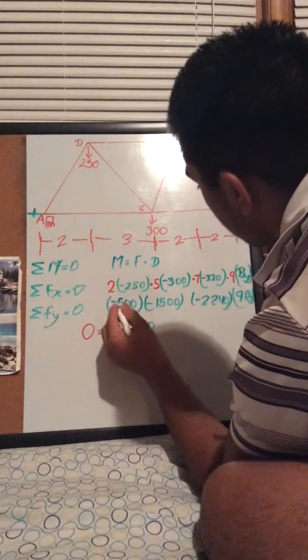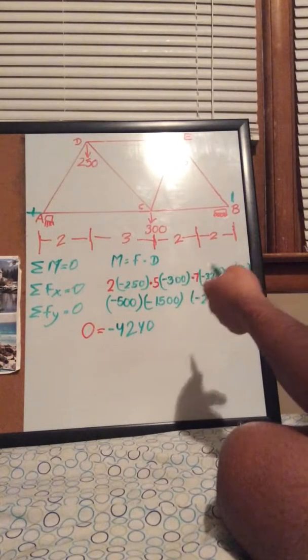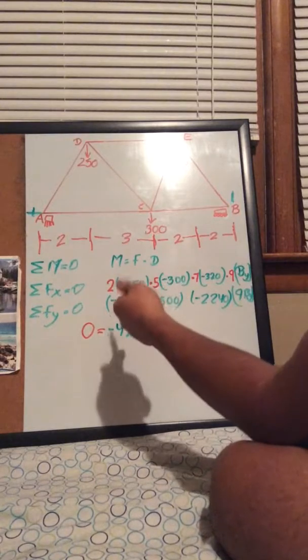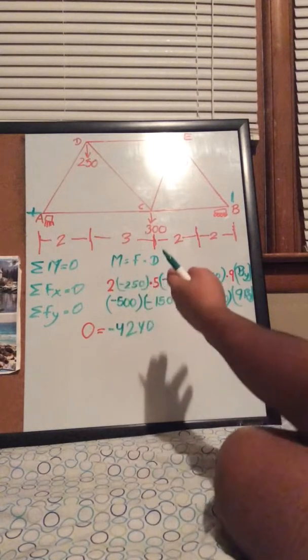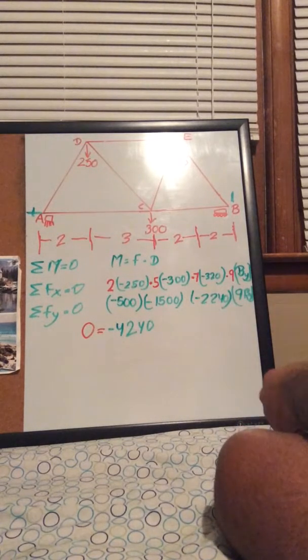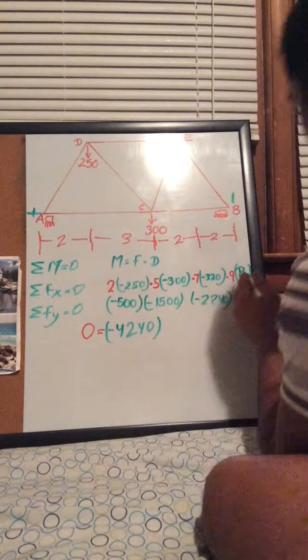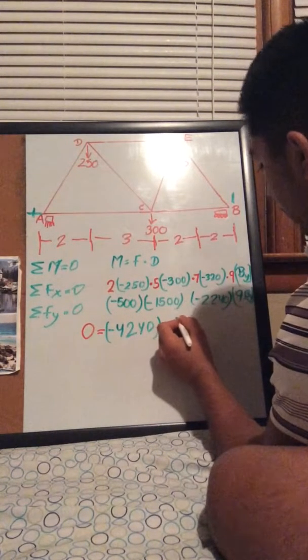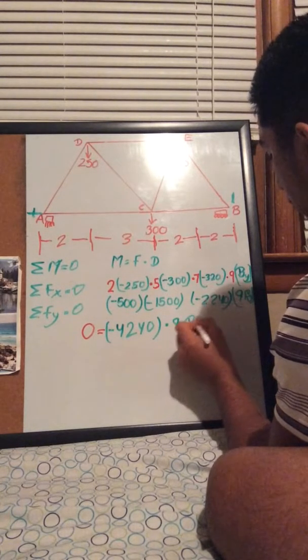Everything is negative, so you add those up: 1500 plus 500 gives you 2000, and then 2000 plus 2240 gives you 4240. It's negative. And then BY, so we still have times 9 BY.